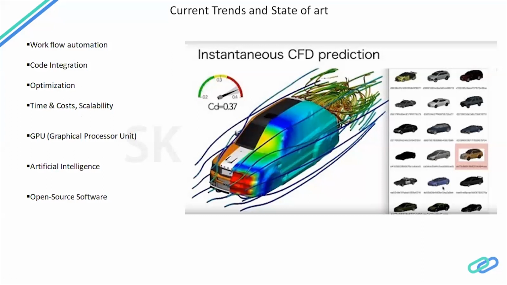So nowadays GPUs, graphical processing units, are coming into the picture to solve these types of problems and to see better visualizations of fluid flows. Now, very, very interesting is artificial intelligence. Some of the CFD companies have started using artificial intelligence. So this is an example of artificial intelligence. This is the same segment of vehicle, like a sedan type, let's assume.